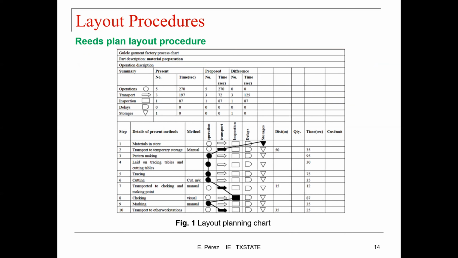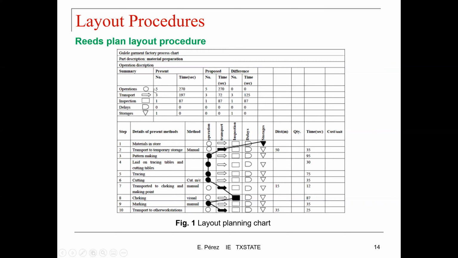So as you can see here, we have a layout planning chart for a specific operation. You see the summary here at the top, which summarizes the operations, which are denoted by a circle, the transport, which are denoted by an arrow, the inspection, which are denoted by a rectangle, the delays, and the storage.